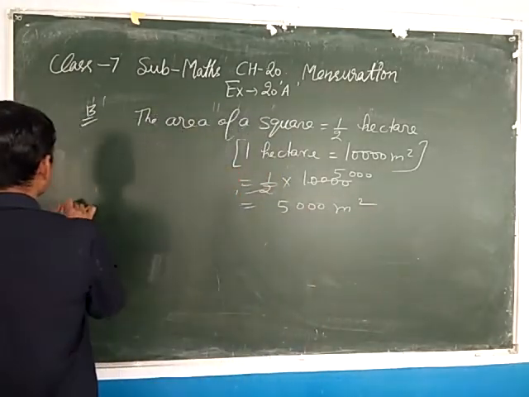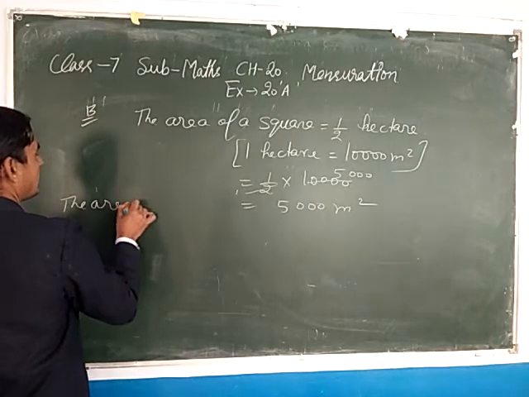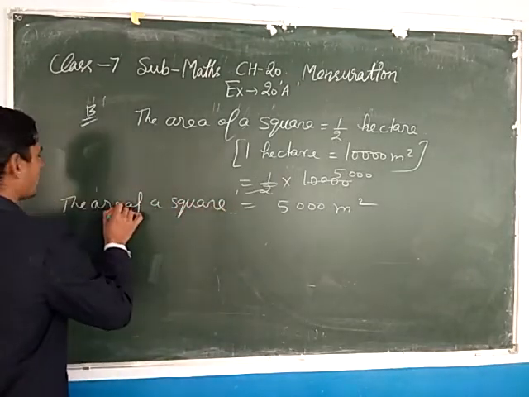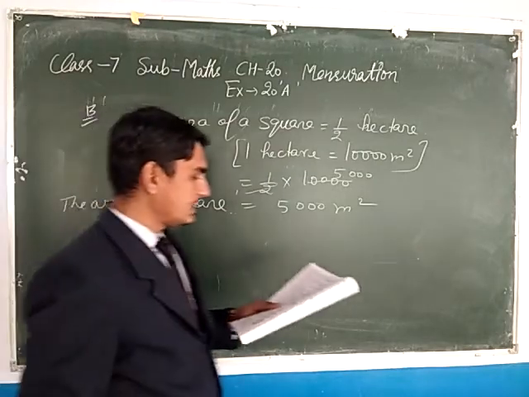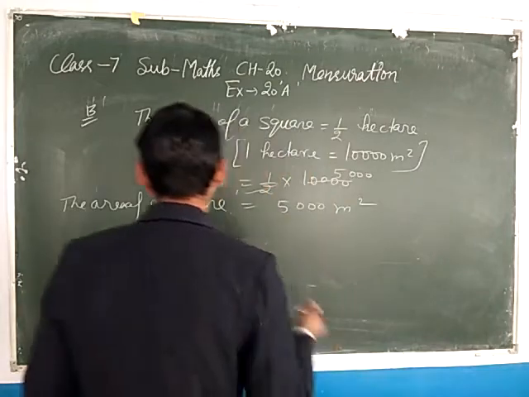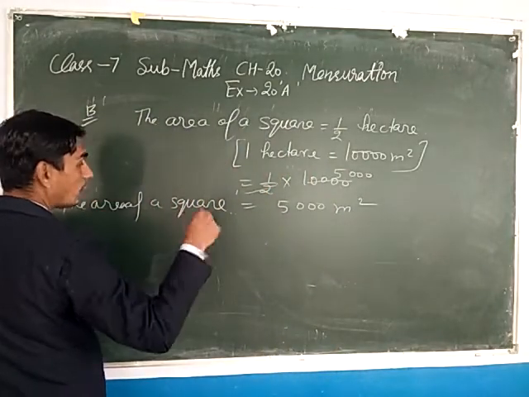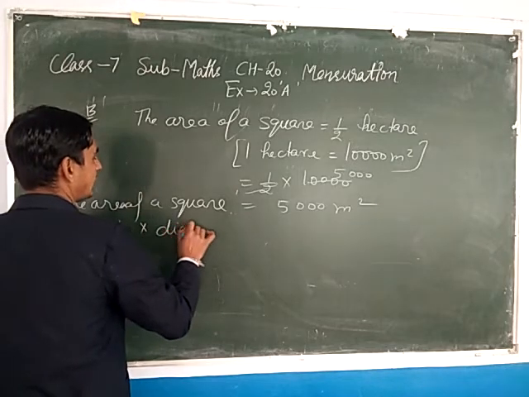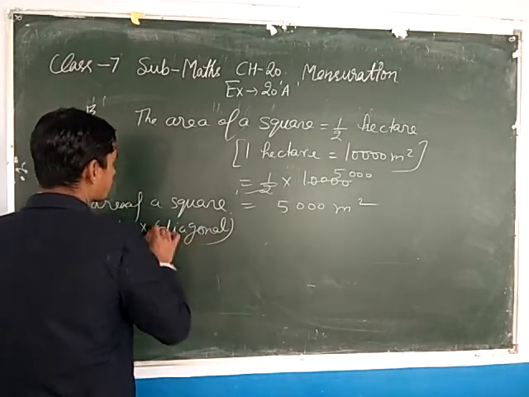ये क्या है आपके पास? The area of a square. Okay beta? But question is, find the length of its diagonal. And you know very well, area of a square in form of diagonal is 1/2 diagonal square.